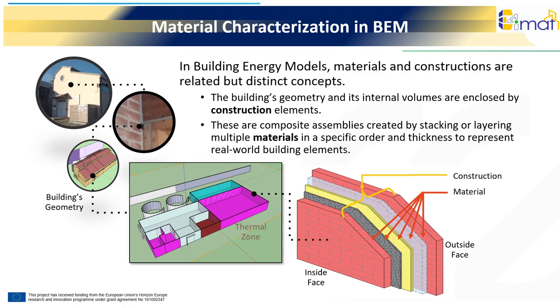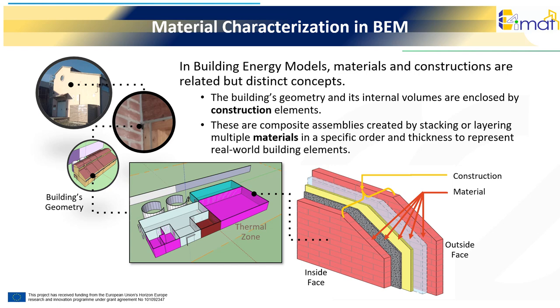In building energy modeling, materials and constructions are related, but distinct concepts, each playing a different role in representing how the building envelope behaves thermally. The building's geometry and its internal volumes are enclosed by construction elements. These are composite assemblies created by stacking multiple materials in a specific order and thickness to represent real-world building elements.